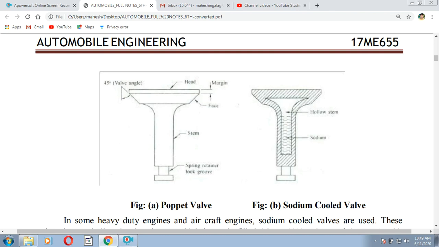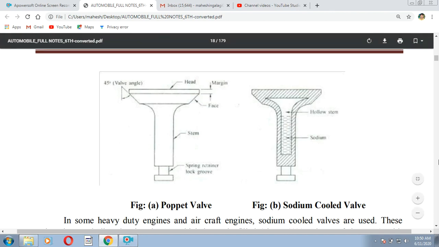So the regular poppet valve is redesigned like this, which is shown in figure B, the sodium cooled valve. Inside the valve they provided a hollow stem, and sodium, which is kept inside the poppet valve, is used as a cooling agent.